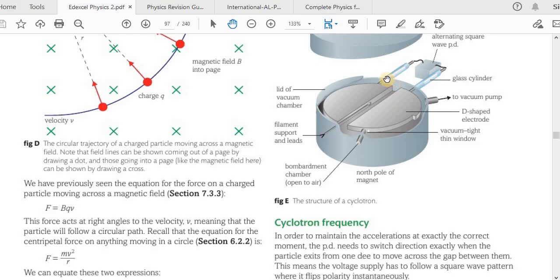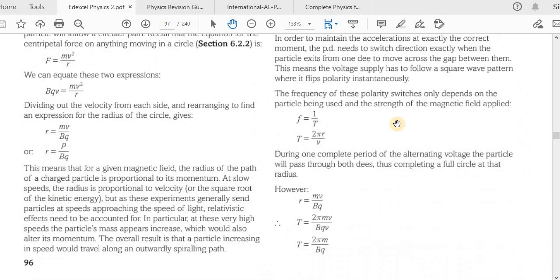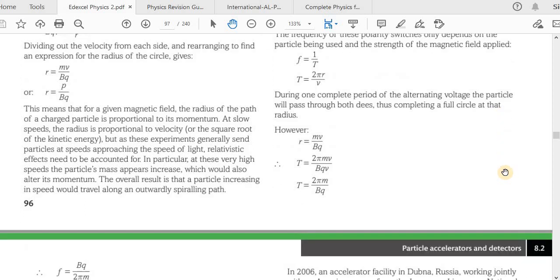We start here, going once and coming back here. So during one complete period of the alternating voltage, the particle will pass through both these, thus completing a full circle at that radius.